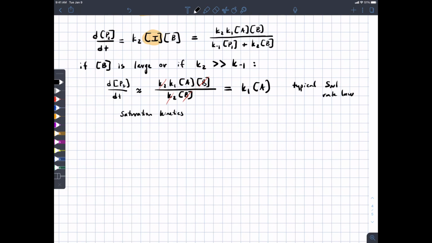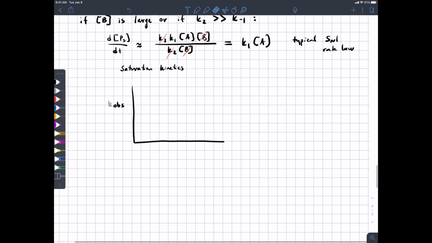If we were to measure the initial rate of a reaction, or alternatively, if we were to measure the observed rate constant for this reaction, I'm going to say if we were to measure the initial rate as a function of concentration of B, what we would see is the following situation.